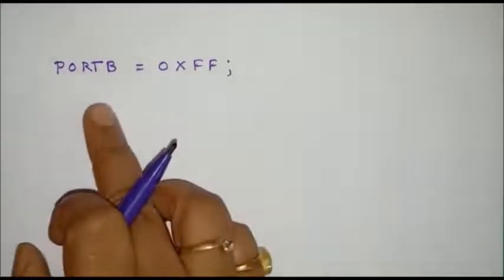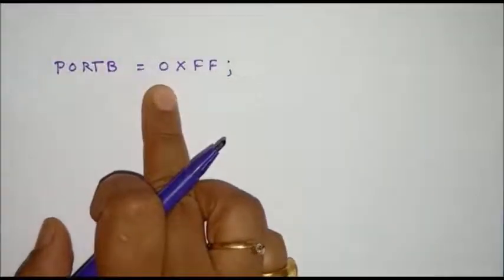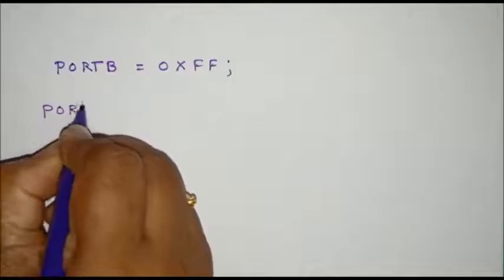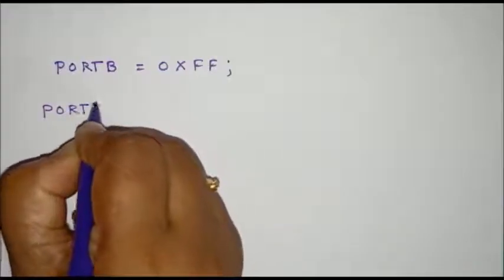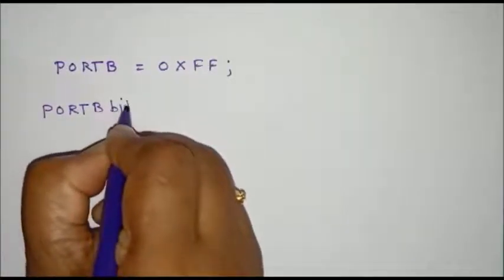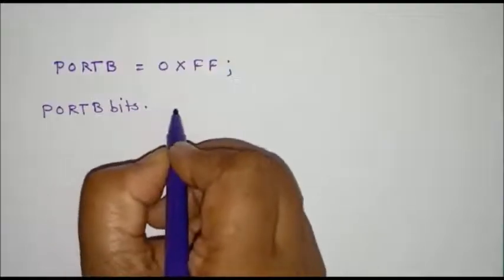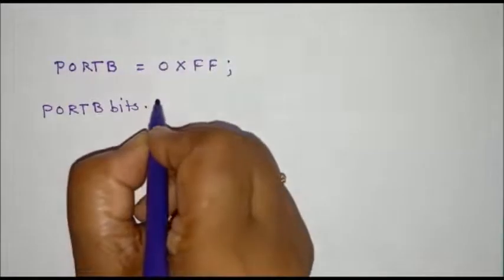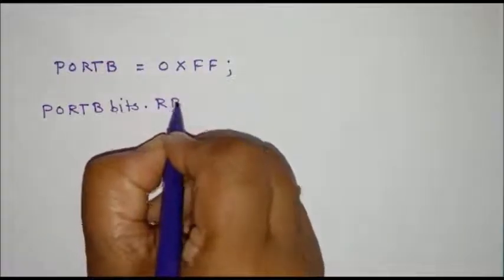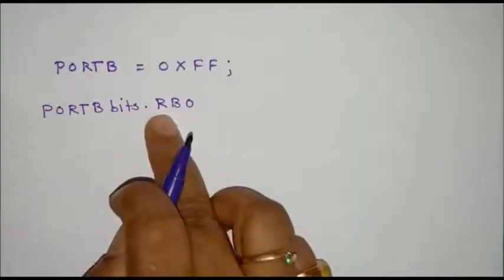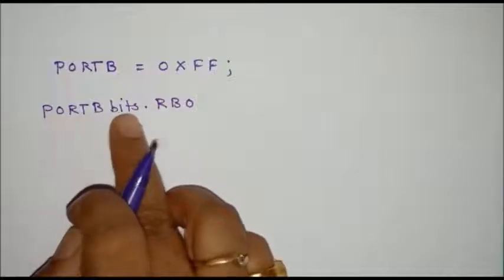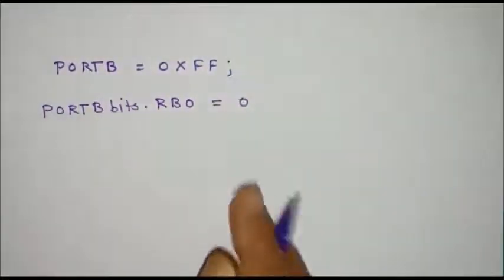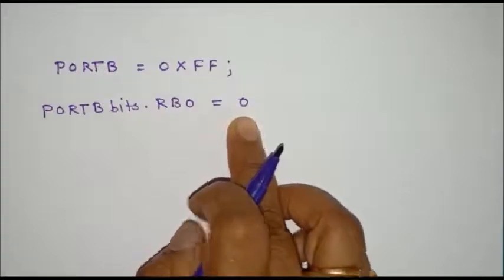To write data at one particular port terminal, we can use the instruction PORTBbits dot. Here you can specify the port bit at which you want to write data. Suppose I want to write data at the 0th pin of port B, then we can write PORTBbits dot RB0 is equal to 0, or you can write 1 also.